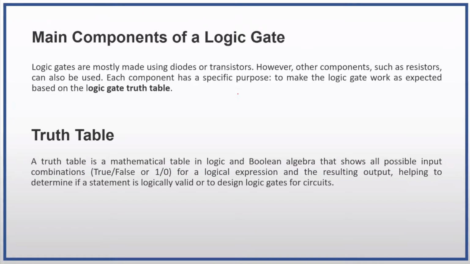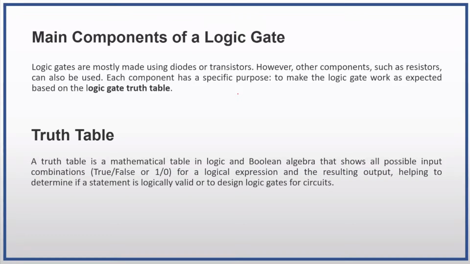You can remember that we discussed op amps. The op amp is also not a single component; it is an IC. Like that, these logic gates are also ICs because they are made of diodes or transistors. Using many diodes or transistors in various configurations, you can have a logic gate, and a logic gate is expected to work according to the logic gate truth table.